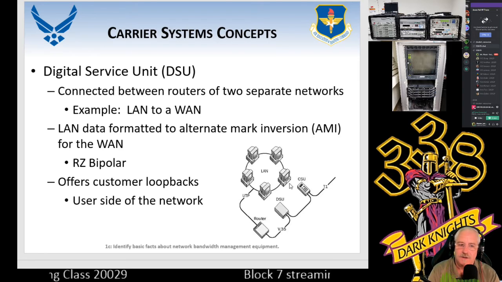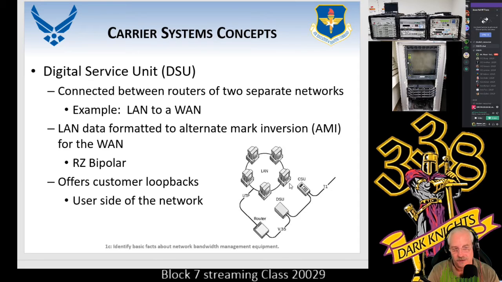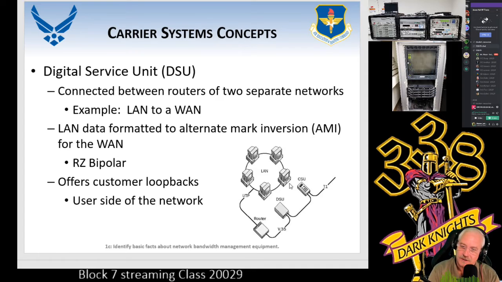The first thing they're going to check is what we call a DSU. That is the customer end of this. They're going to ping that DSU. It's going to send some loopback signals to your computer, and it's going to send it back to the DSU. That's how they troubleshoot whether it is your system or their system.